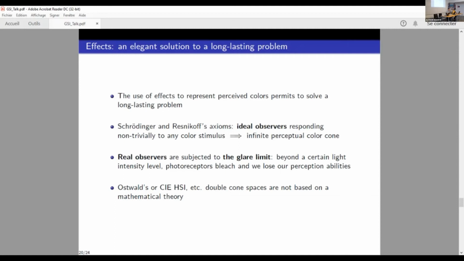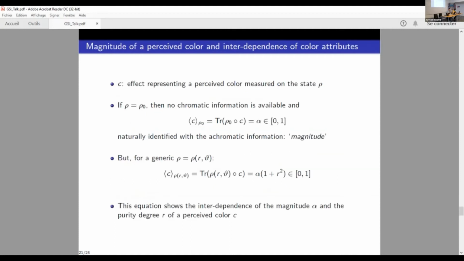Instead, real observers, us, are subjected to the so-called glare limit, which means that beyond a certain light intensity level, photoreceptors bleach and we lose our perception abilities. So we must have this double cone structure. And let me arrive at the final part of the talk that is related to the Hunt effect.